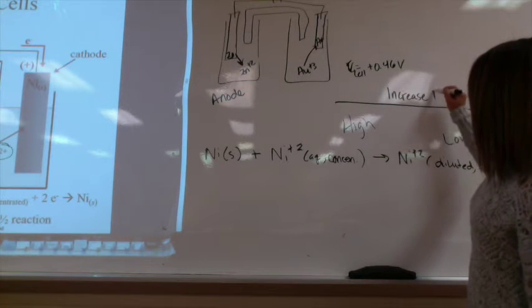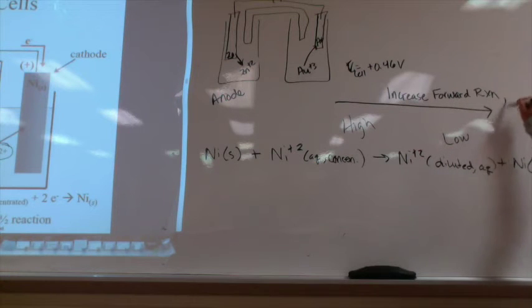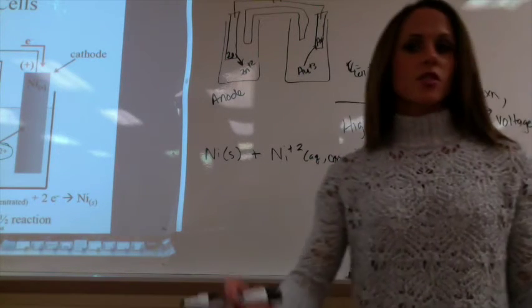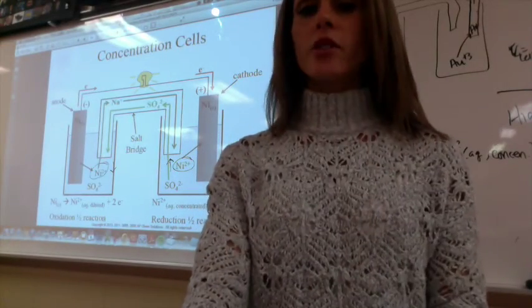So if I increase the forward reaction, what happens to my voltage? Voltage goes up. And what were we at before this? We were at 0. So in order to get the voltage to increase at all, we're going up. Agreed? Okay, so concentrated to diluted, we have a concentration cell. That's all for today, and on Monday we'll do electrolytic, but you're going to solve problems.